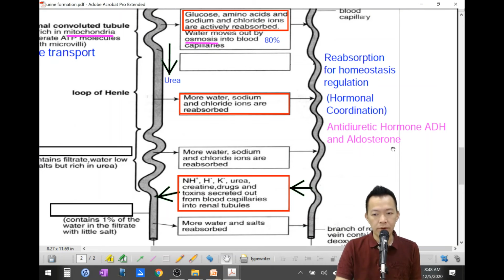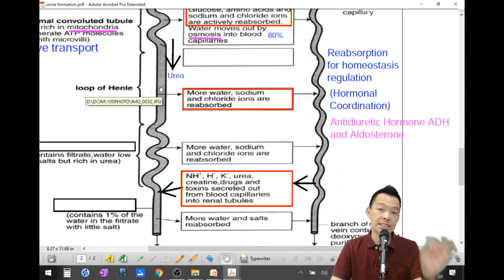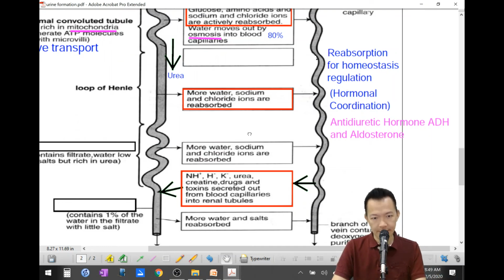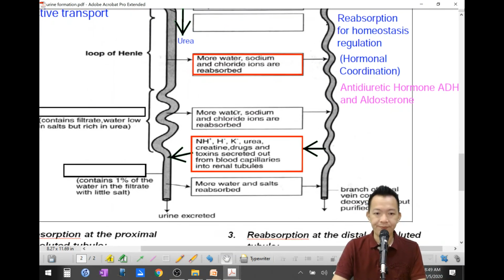It is produced by the adrenal gland, I think. I forget, if I'm wrong don't scold me or ask me to re-record, I'm lazy. You check back, okay? But why do I write these two names? They are the names in your past year paper. You need to write them in your past year paper. Otherwise, I wouldn't tell. Okay, so lots of handy except water and mineral, sodium, chloride ion.